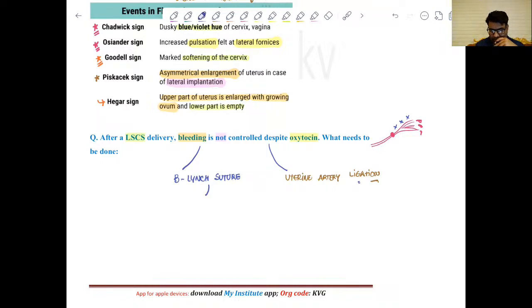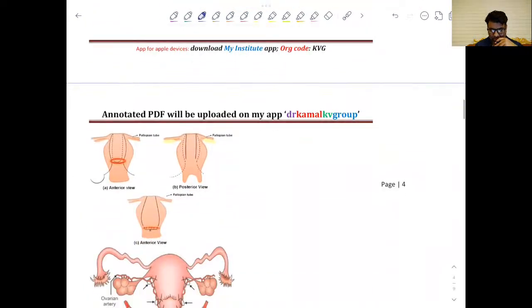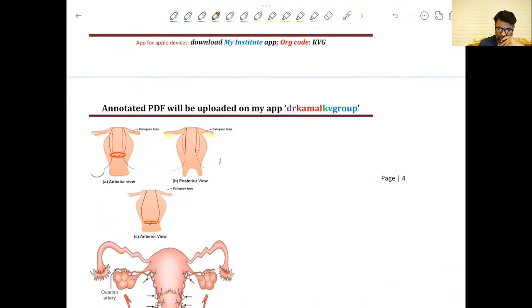So either we can give B-Lynch suture, compression sutures, or we can ligate the feeding artery. Clear? So this is when there is excessive bleeding which is not even controlled by oxytocin, so we have to think of some other method. Here we see this is the B-Lynch suture.